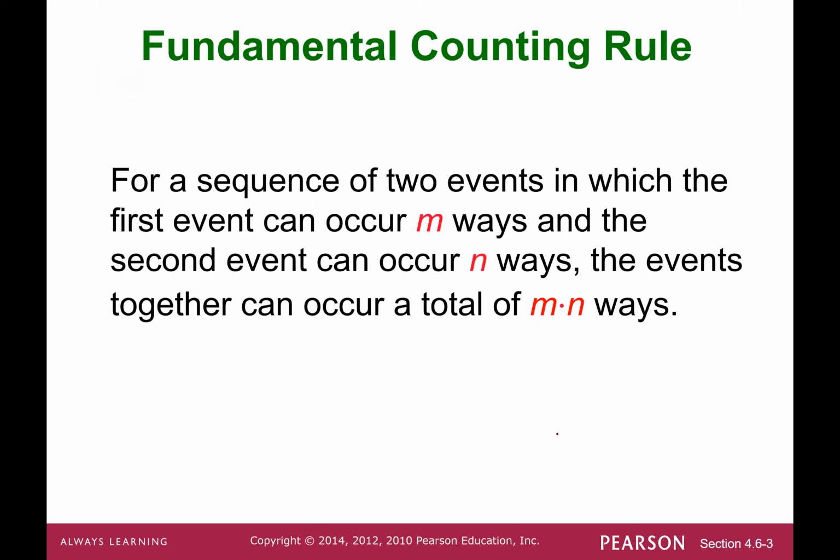Now let's look at the fundamental counting rule. For a sequence of two events in which the first event can occur in m different ways and the second event occurs in n different ways, the events together can occur in m times n ways. Remember this multiplication rule for multiple choice questions.